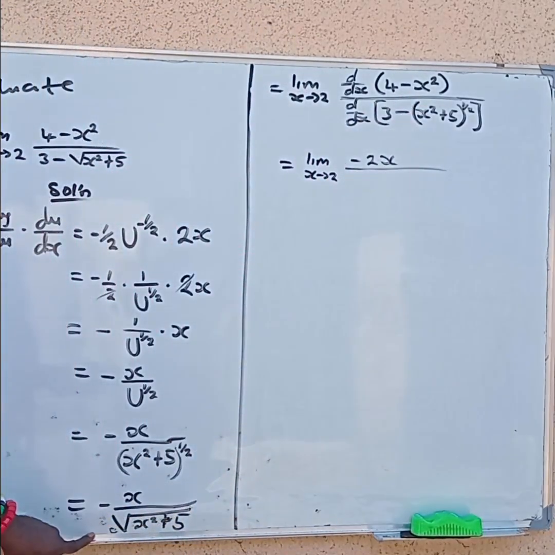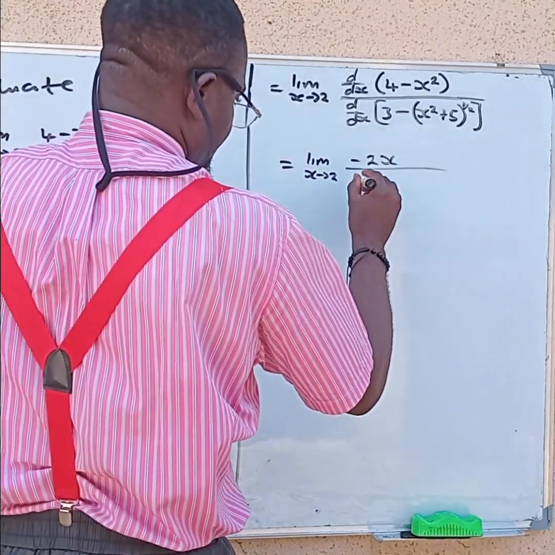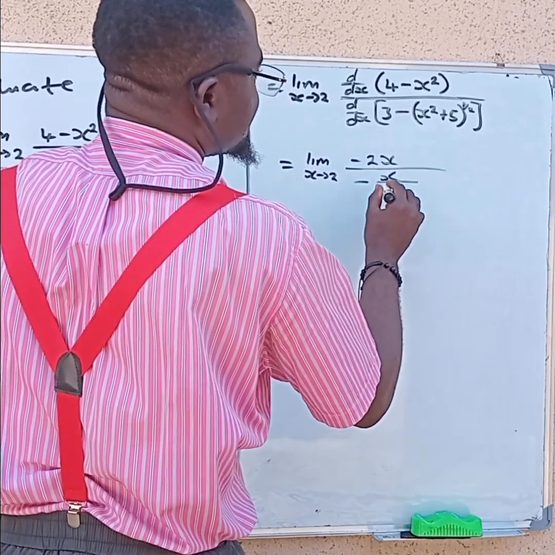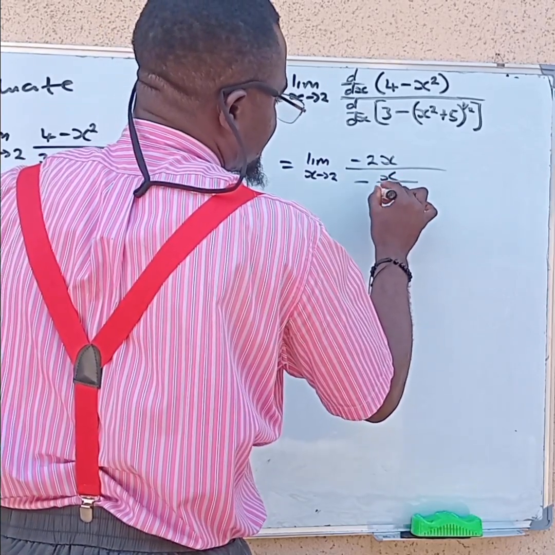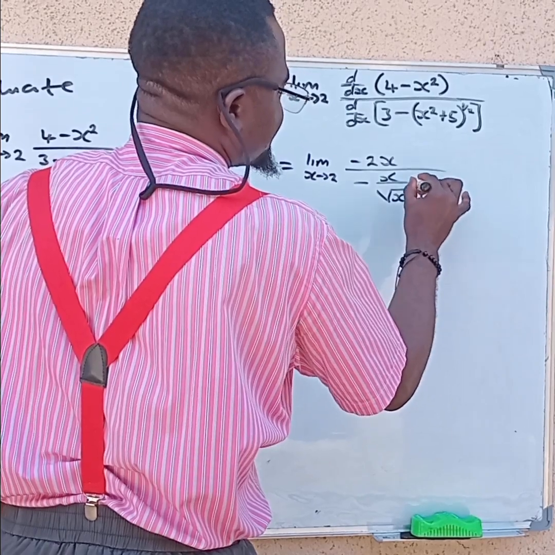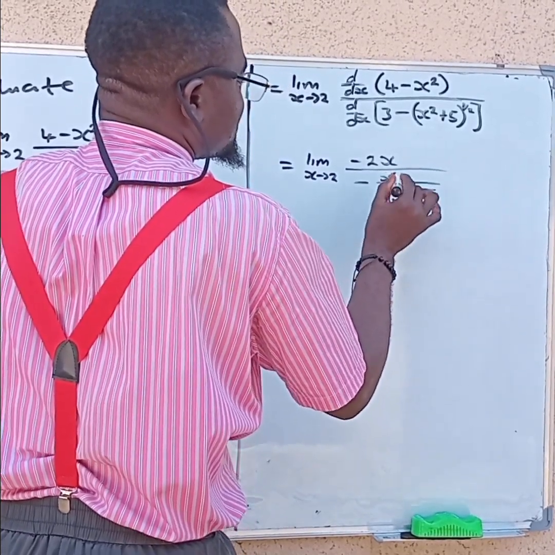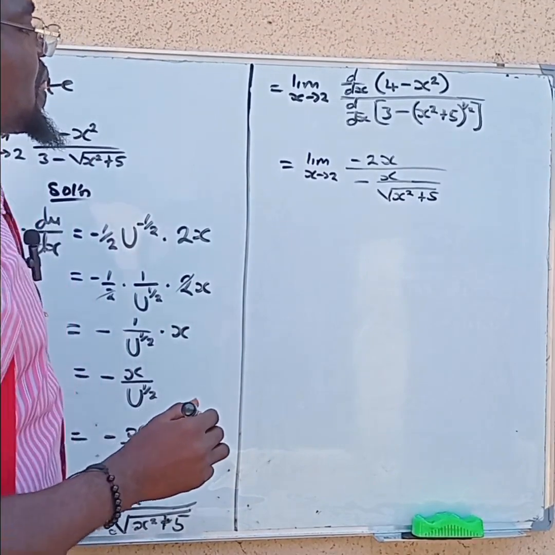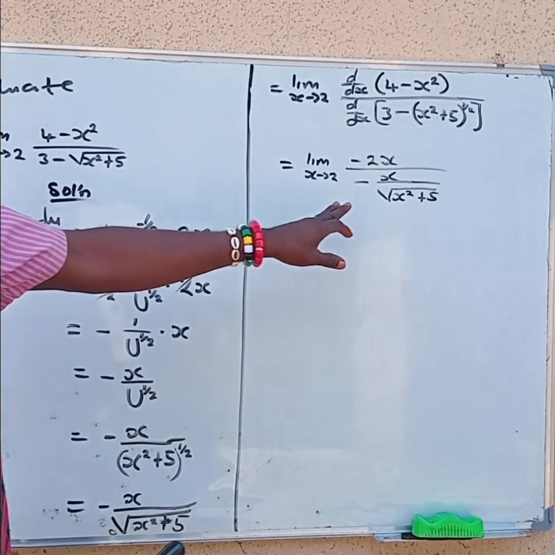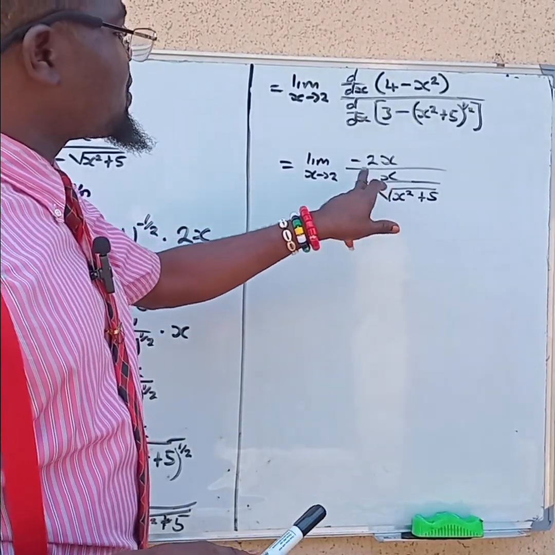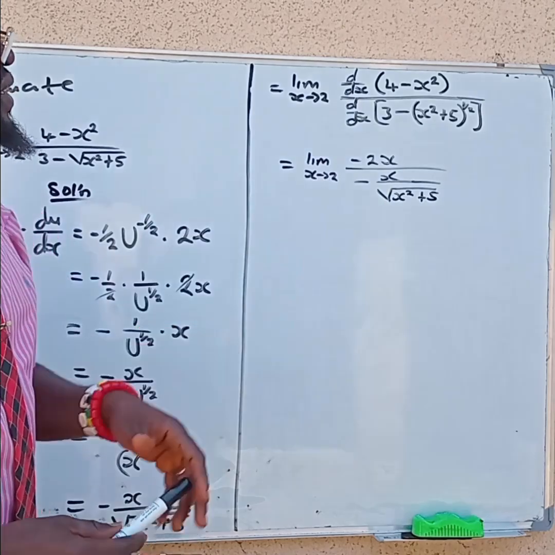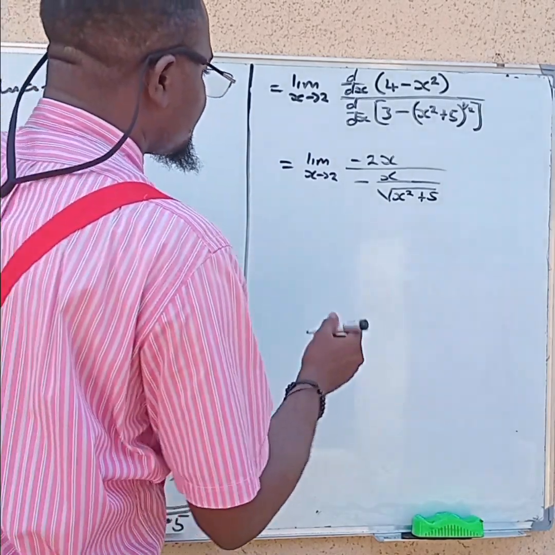We have known that this is minus x over the square root of x squared plus 5. Good. So this is what you have. And in this case, you are not going straight because this is a division line. This line is for all of them. Some people make this mistake. What you have here is this.